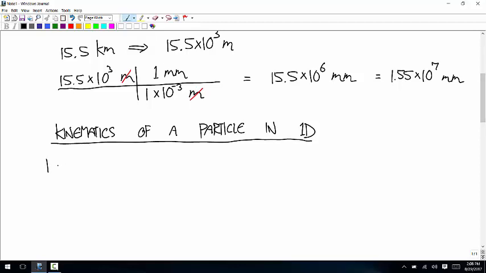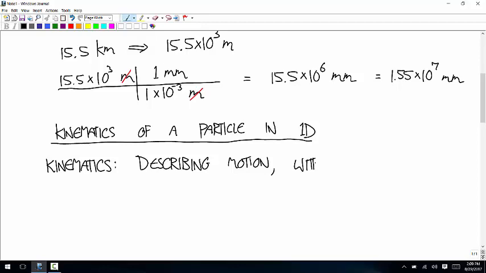So kinematics. Kinematics is the part of physics where all you're doing is describing motion. You're describing motion without including any of the causes of the motion. You don't deal with the masses of objects.